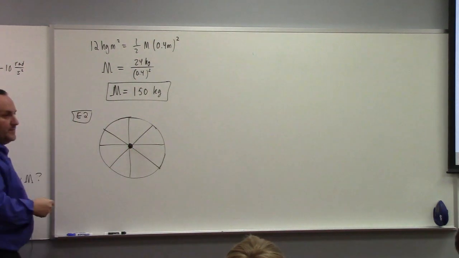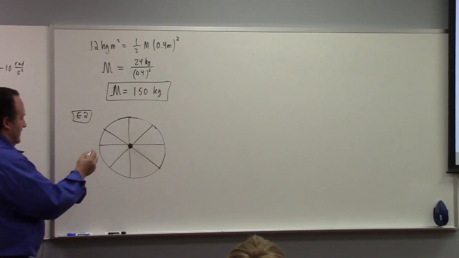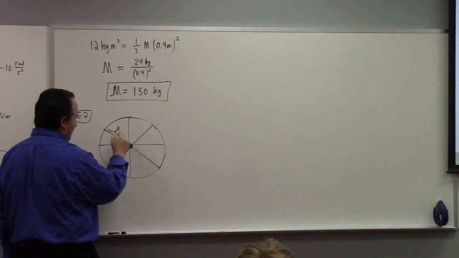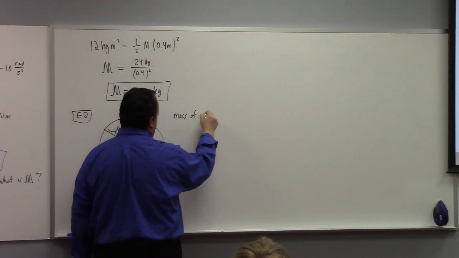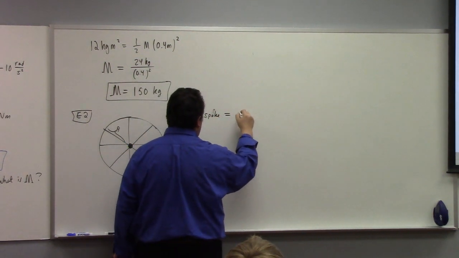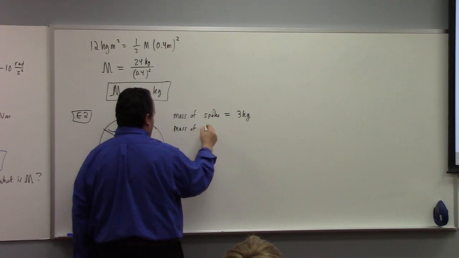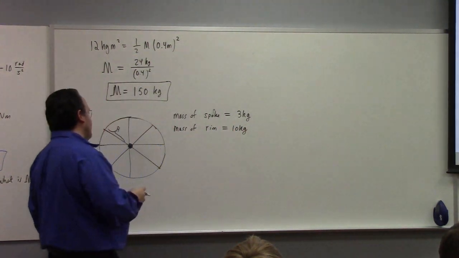There we go. So my question for you is, what's the moment of inertia of this wagon wheel about its center? Can you guys tell me? So if I tell you that it's radius r, and let's say that the mass of each spoke is 3 kilograms, and the mass of the rim is 10 kilograms, right?